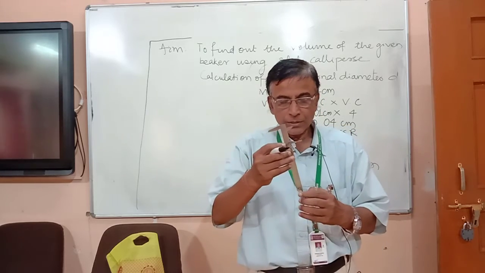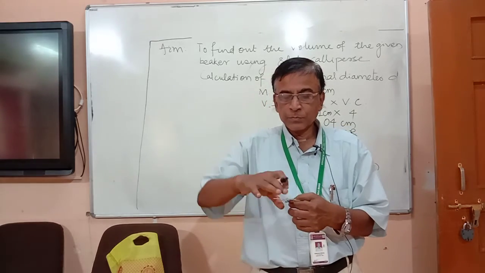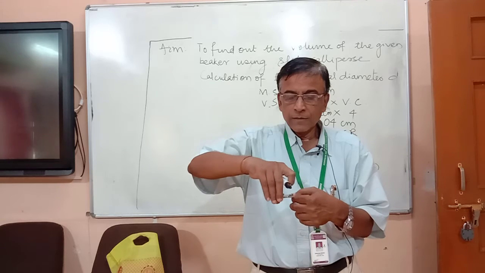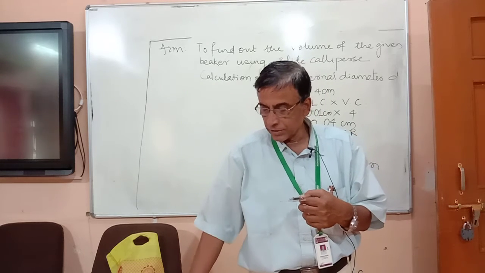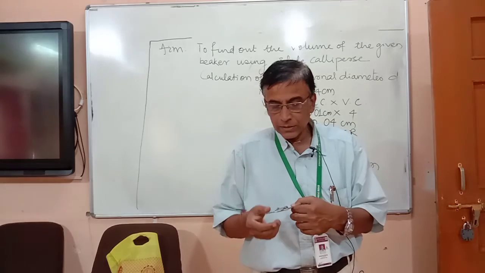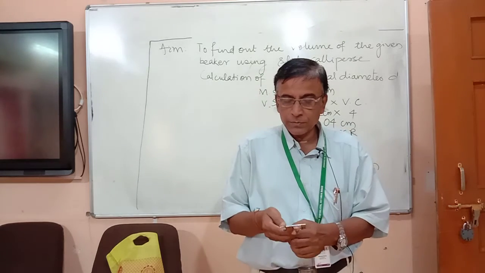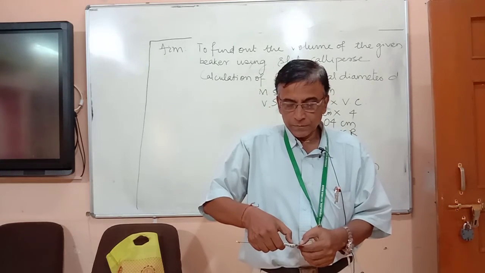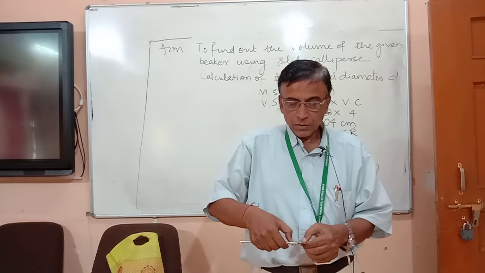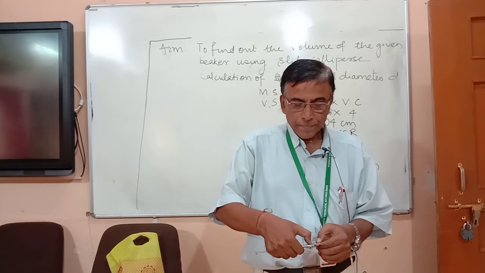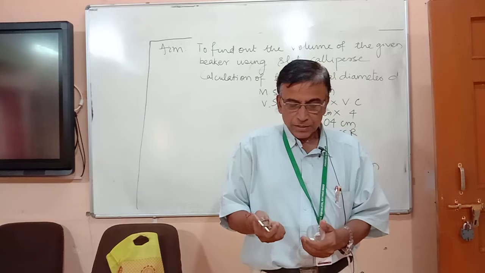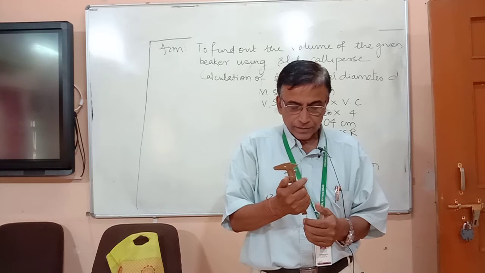What is the depth? Let us first put it in the initial condition, that is, 0 must coincide with 0. The 0 of the main scale coincides with the 0 of the vernier scale, because it is not having any zero error.